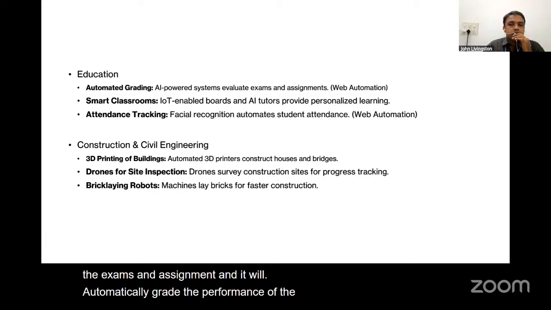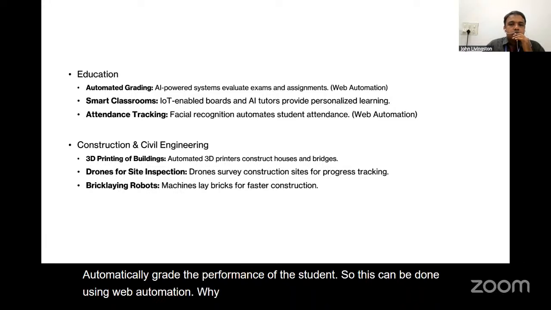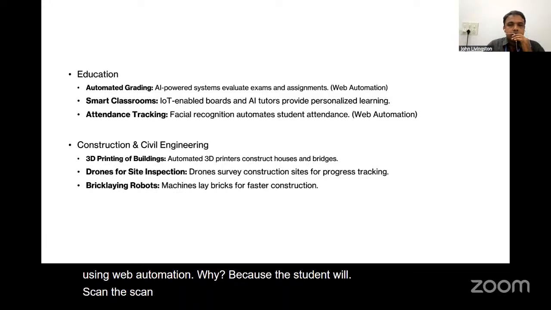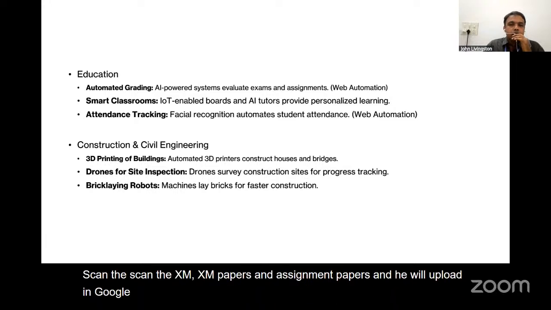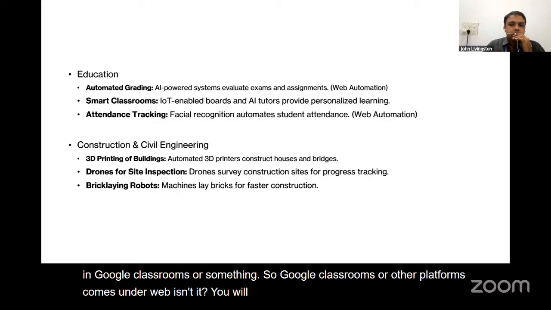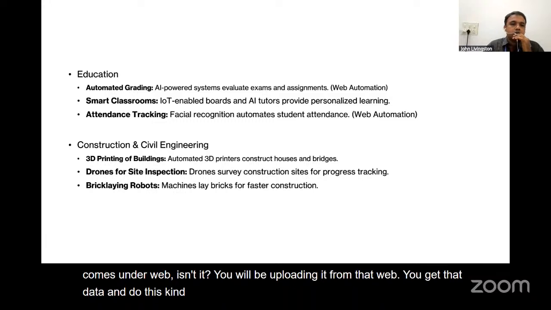So this can be done using web automation. Why? Because the student will scan the exam papers and assignment papers and upload them in Google Classroom or something. Google Classroom and other platforms come under web, isn't it? You will be uploading it, and from that web, you get the data and do this kind of grading automatically.